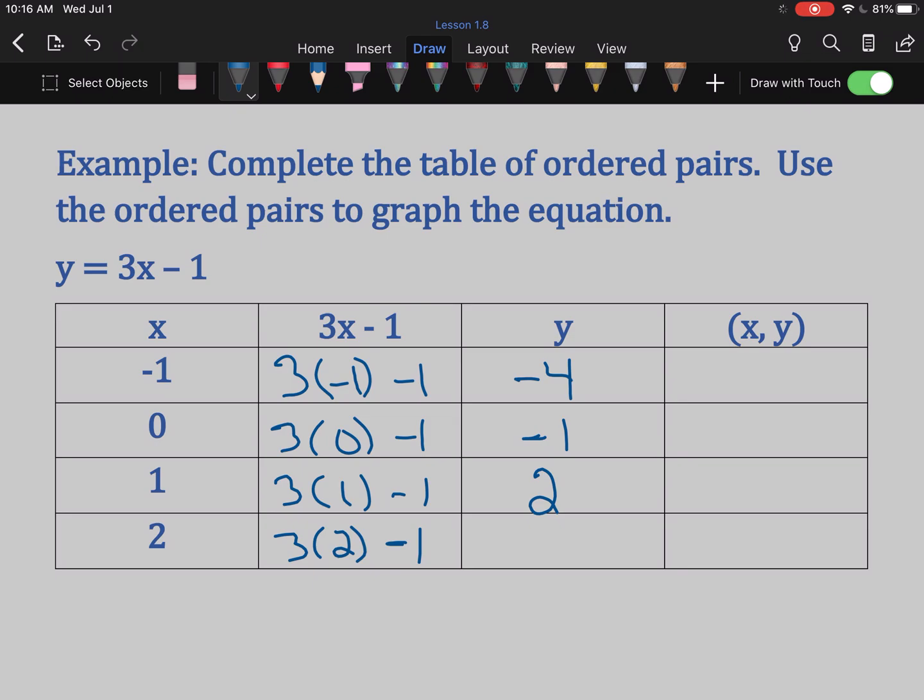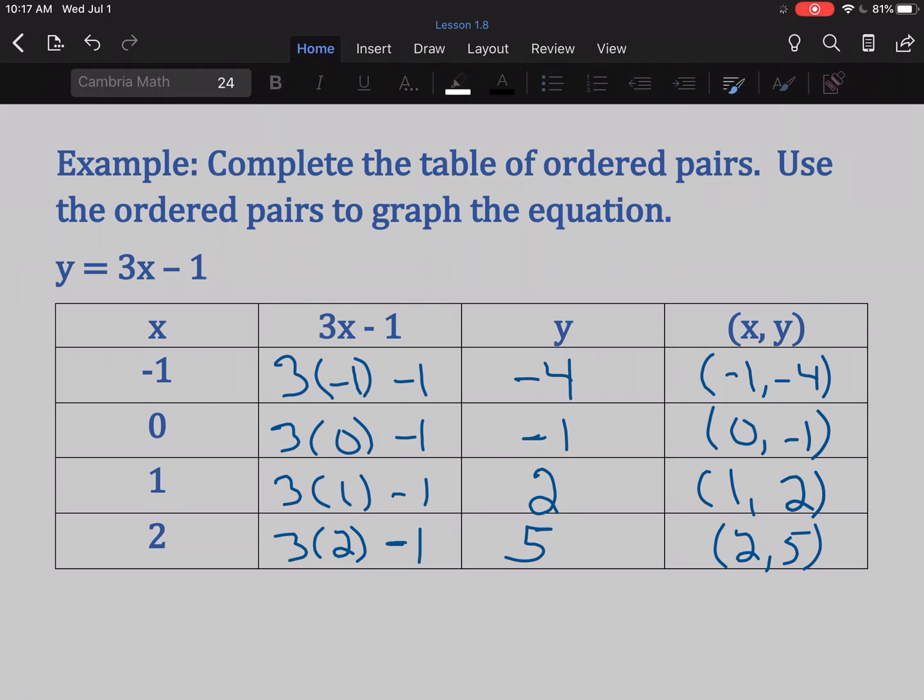And 3 times 2 is 6. 6 take away 1 is 5. That means my ordered pairs are -1, -4, 0, -1, 1, 2, and 2, 5. So we just have to plot all these now.